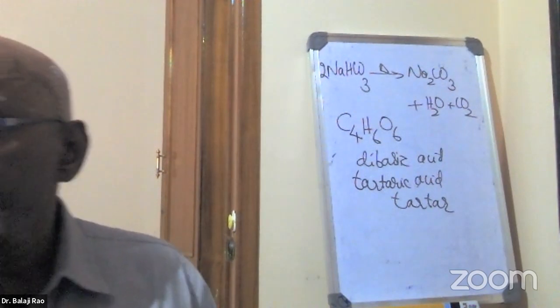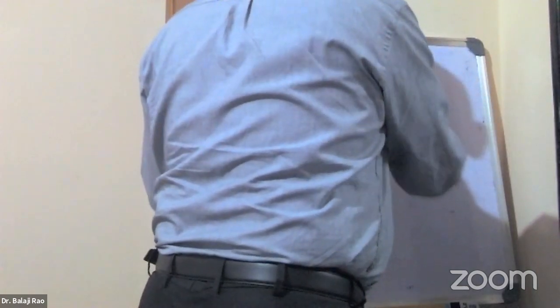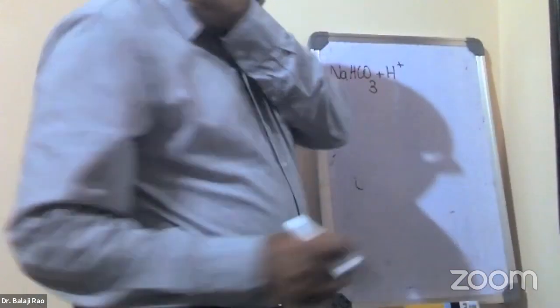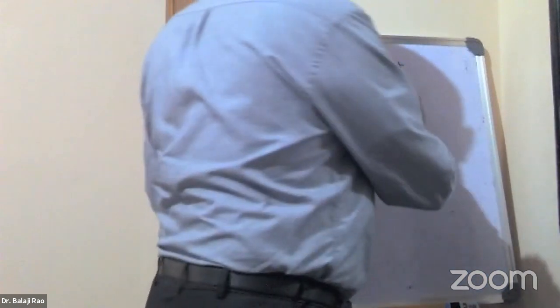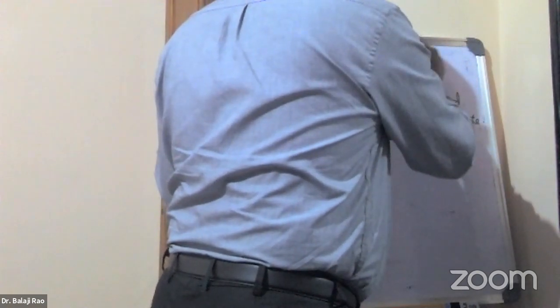When we put sodium bicarbonate that is present in the baking powder into a solution containing an acid, that is the H plus from tartaric acid, this will give me carbon dioxide, water, and the sodium salt of tartaric acid, sodium tartarate. This H plus, as I said, is from tartaric acid.